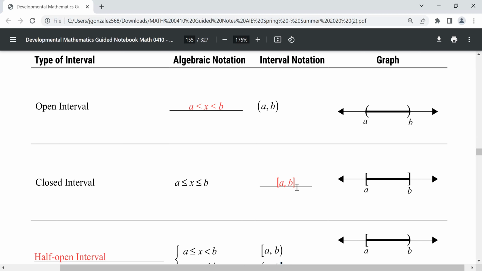And there is a number of points between any two numbers. This interval can be proven to be infinite, an infinite number of numbers. But we're not going to get into that because that's high level math.